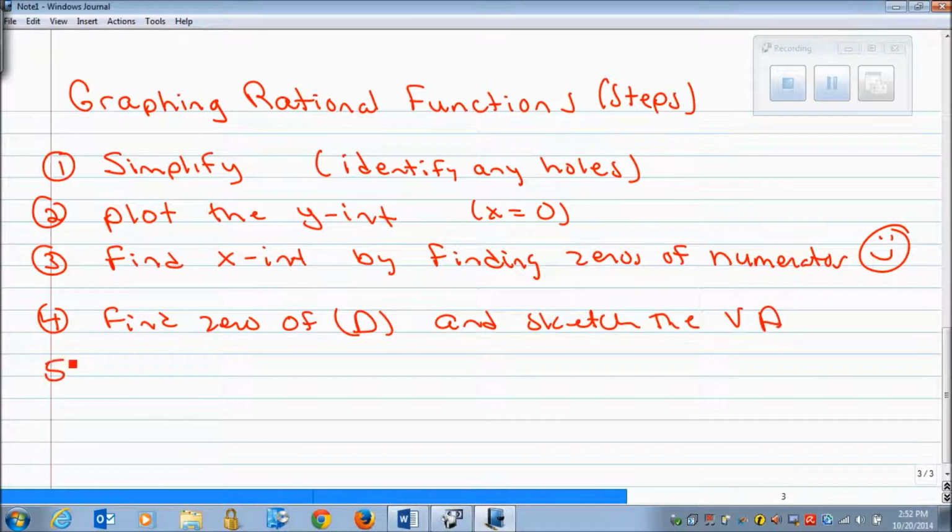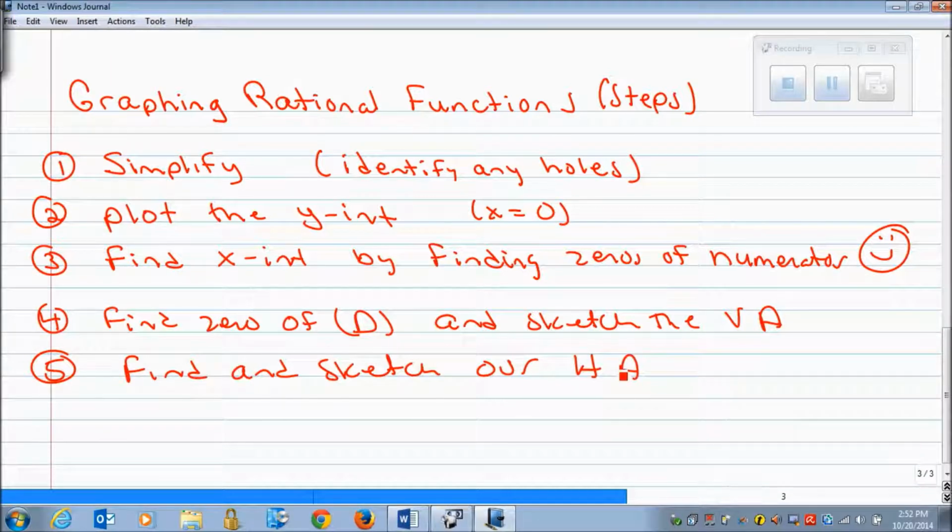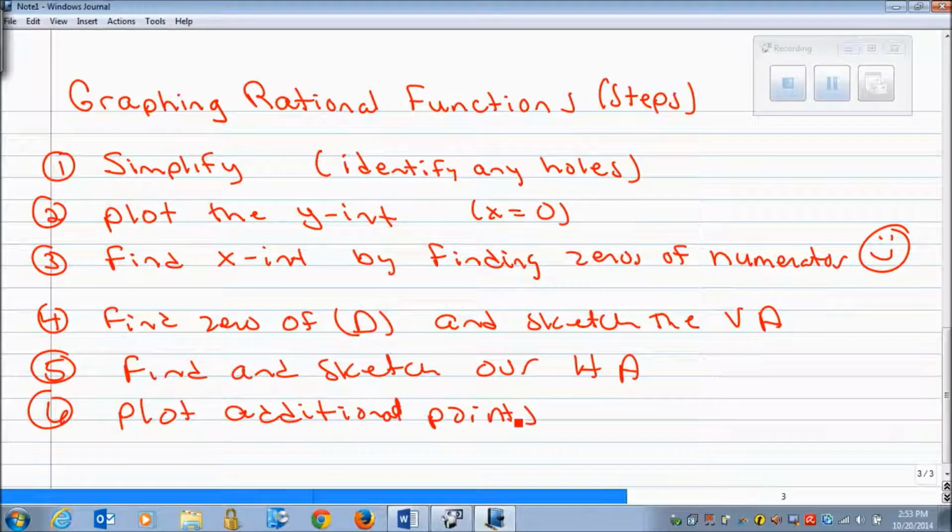Number 5, we're going to find and sketch our horizontal asymptotes. If none, and if the degree is larger by 1, we'll use long division to find our slant asymptotes. Then we're going to plot additional points. And finally, sketch a smooth curve.